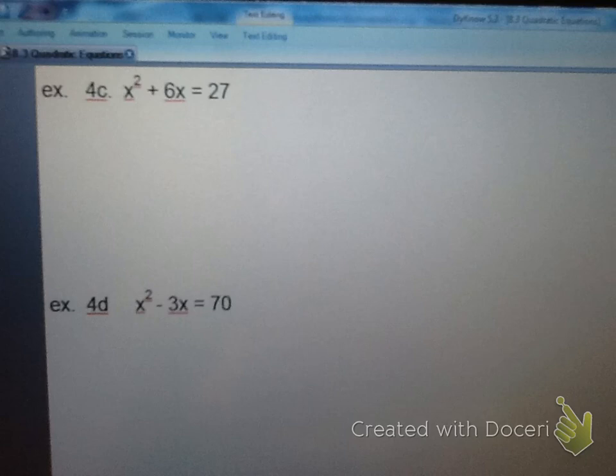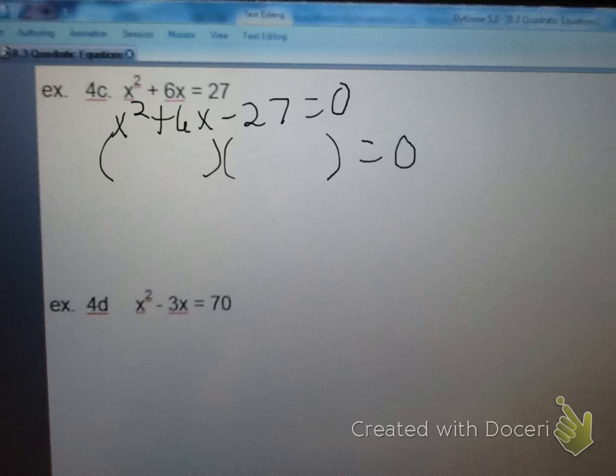Example 4c, I'm going to get it equal to 0. Make our two binomials. And I'm going to bring down the equal 0. And then once I bring it down, I'm going to ignore it and just focus on this trinomial. My signs are going to be different. Factors of 27. 1 times 27, 3 times 9.